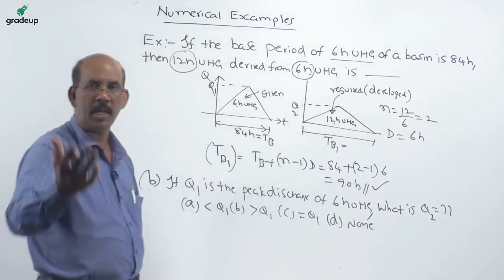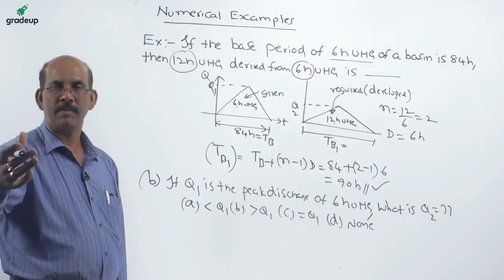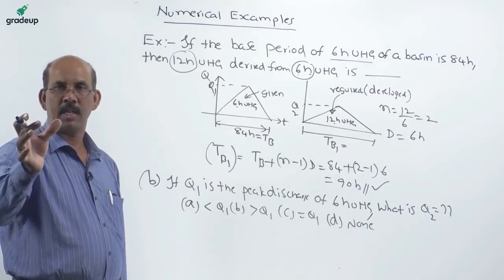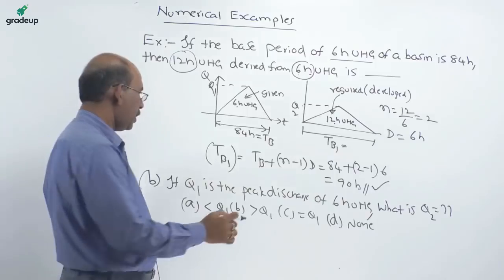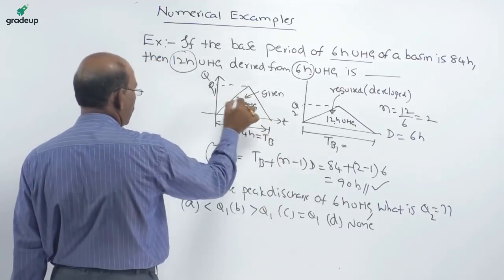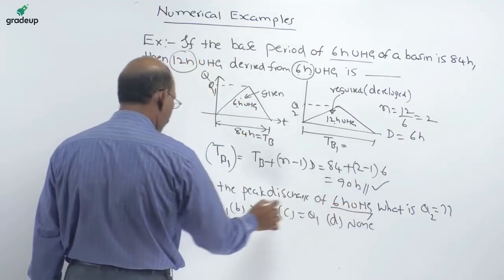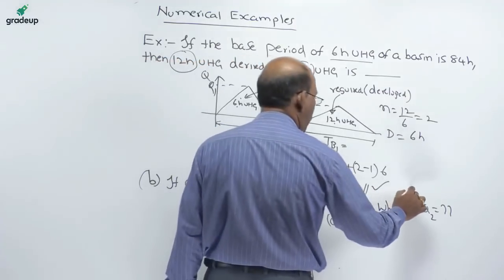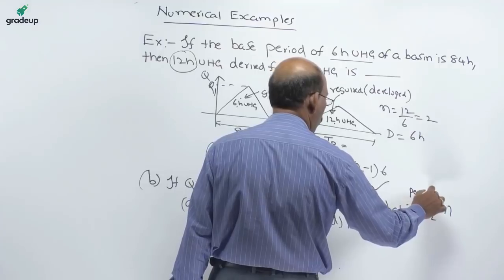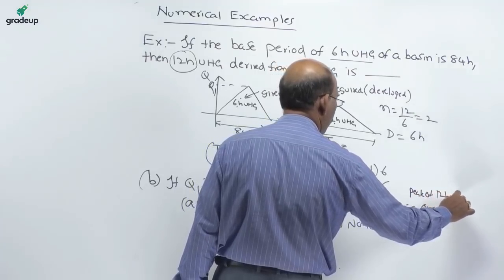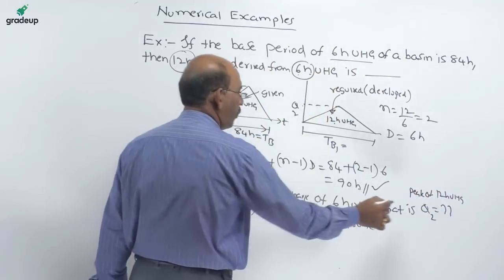Q1 is the peak discharge of the 6-hour unit hydrograph. What is the peak of the 12-hour unit hydrograph? That is Q2.